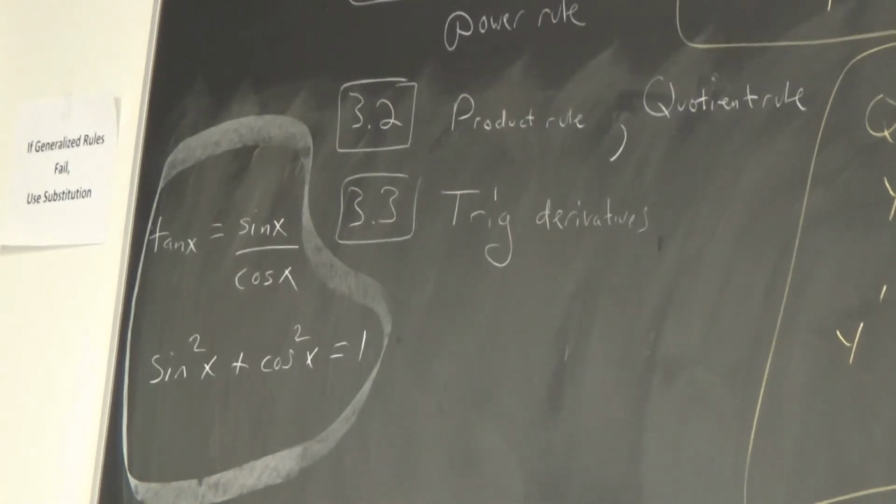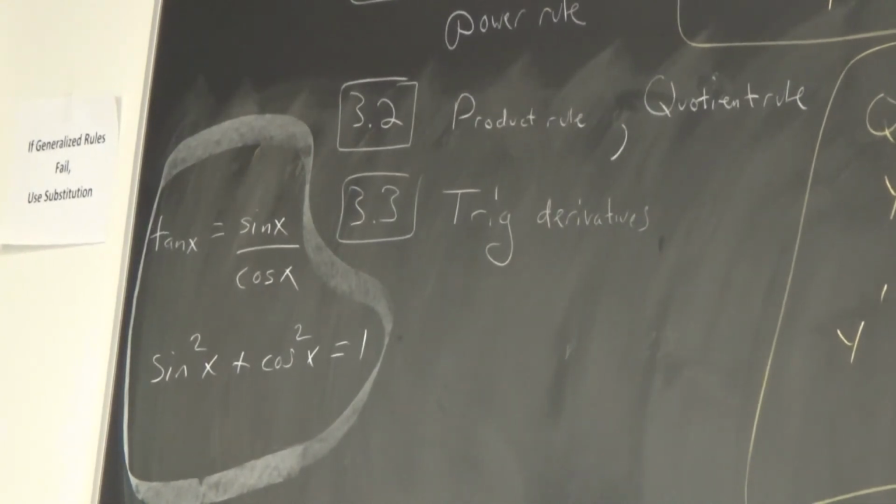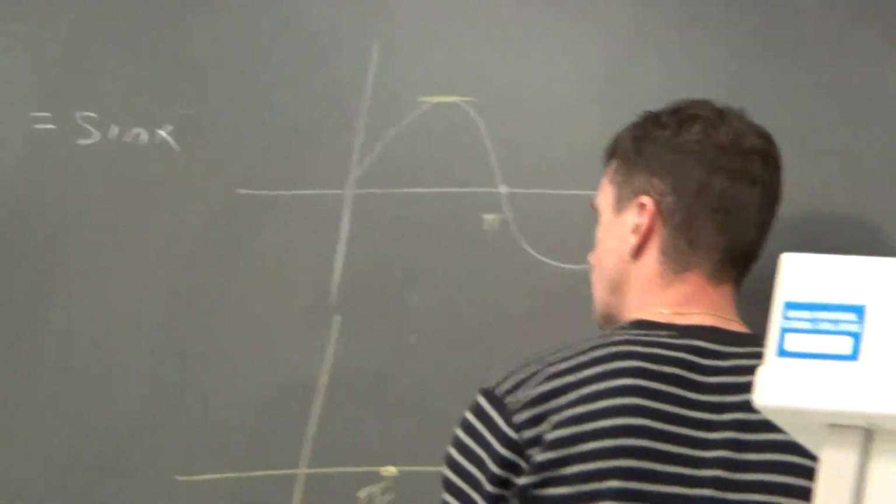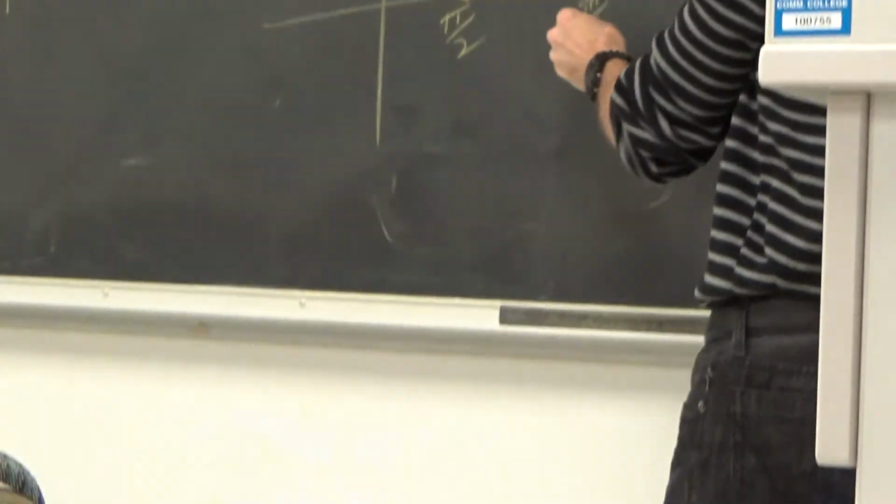Ready, let's do it. What's the slope right there? Positive or negative or 0? Positive, good. And you remember my recommendation? I always like to look at the hills first. So what's the slope right there? 0. So watch this. What's the slope right here? So that was at pi over 2. And that was at 3 pi over 2. Y'all see that?